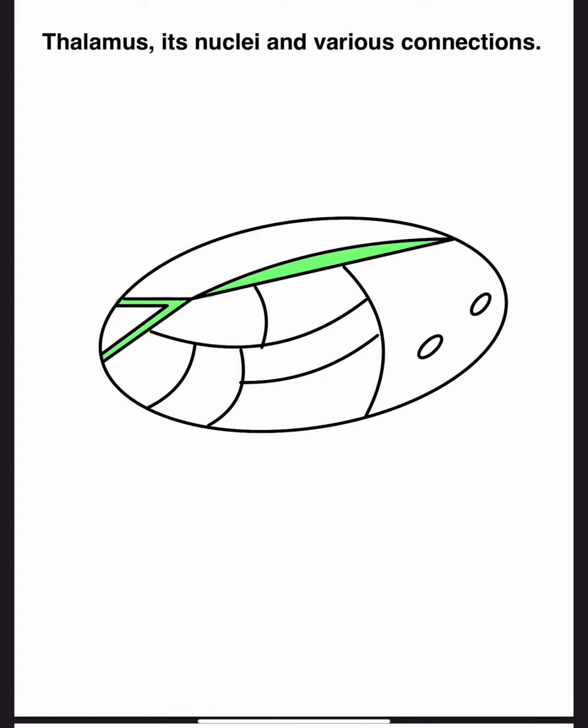We are going to study the thalamus, its nuclei, and its various connections, afferent and efferent. Now I have represented the thalamus, which is roughly an egg-shaped gray matter.